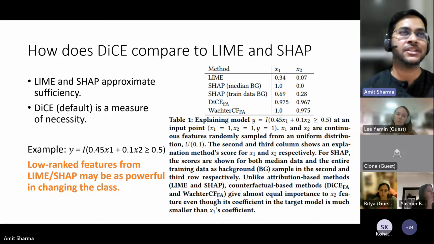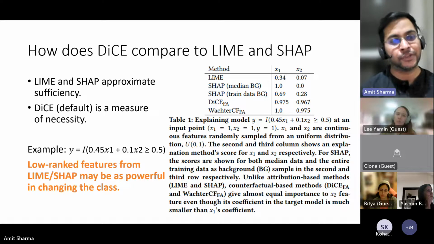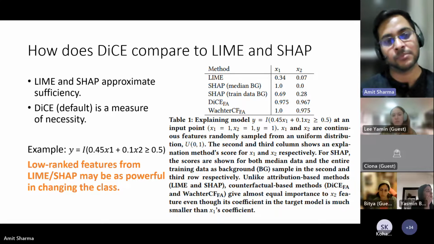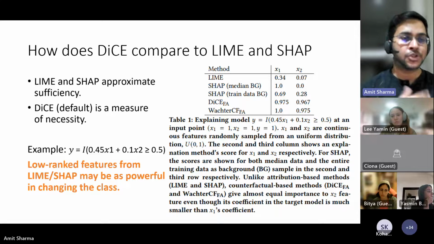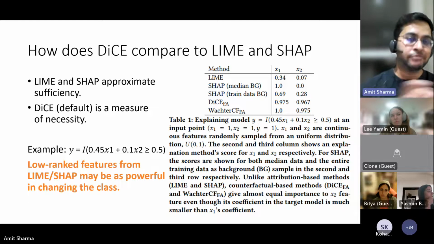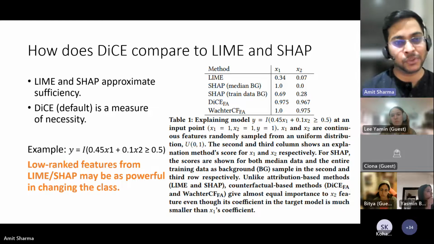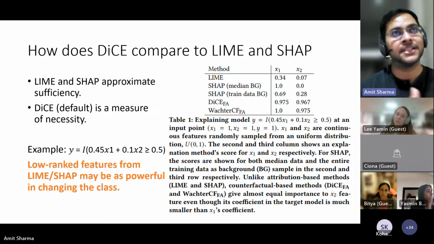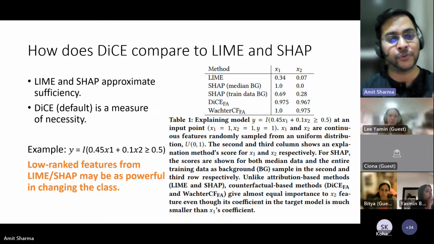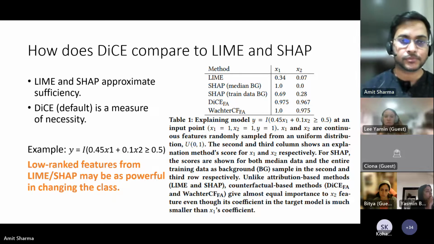In your application, if you're looking for this kind of sufficiency of features, where you really want to find the big important features, which mostly are closer to sufficiency in predicting y, then LIME or SHAP kind of methods might be more useful. But if you're thinking from a counterfactual world, more like a necessary condition, you want to find out the features that are really necessary to make the prediction, and without them the prediction won't happen, then counterfactuals are more useful.